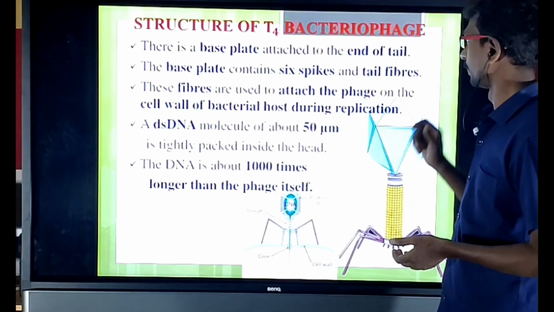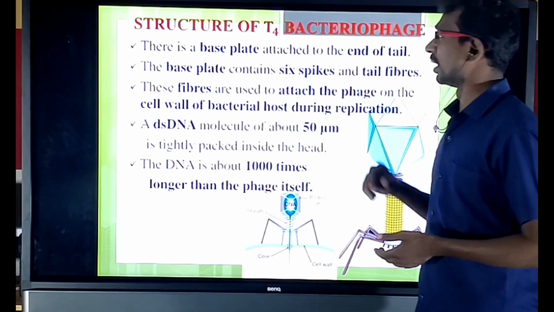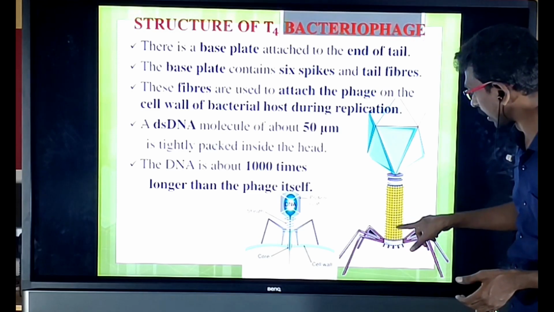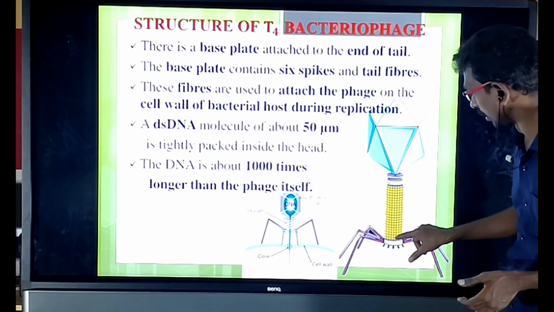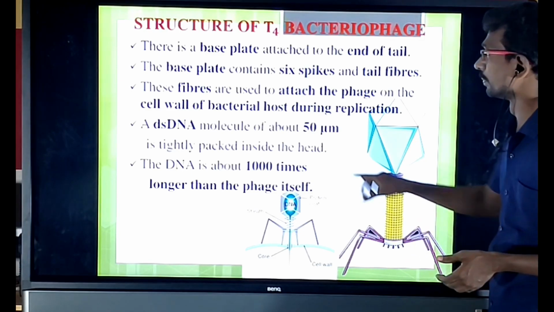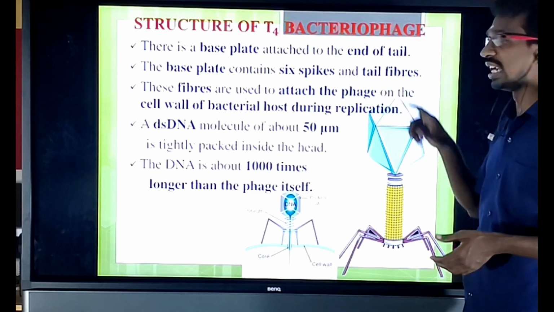Next, the basal plate is attached to the end of the tail. This is the tail region, this is the collar region, this is the head region, and that is the basal plate. The basal plate contains 6 spikes and the tail fibers.